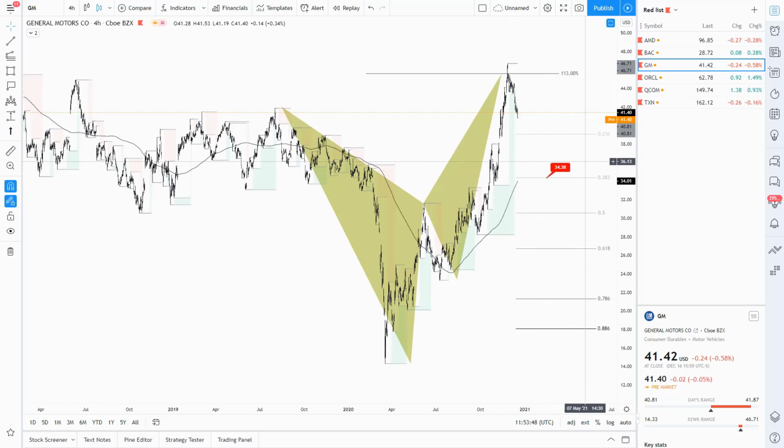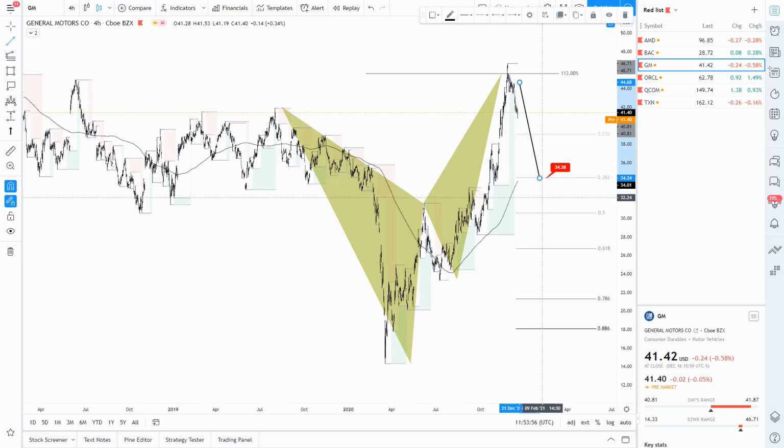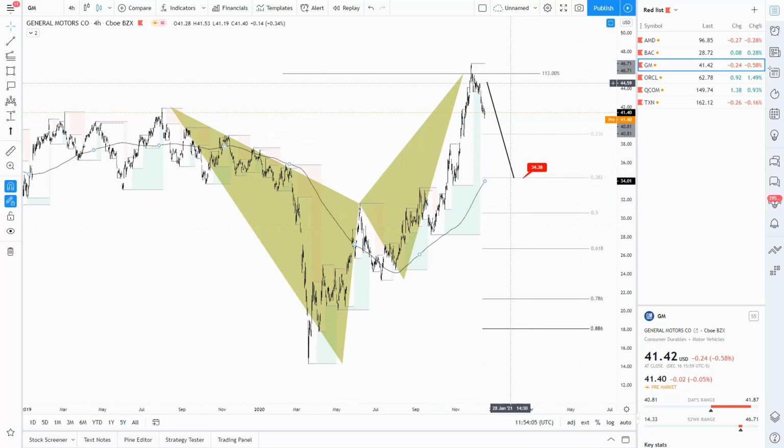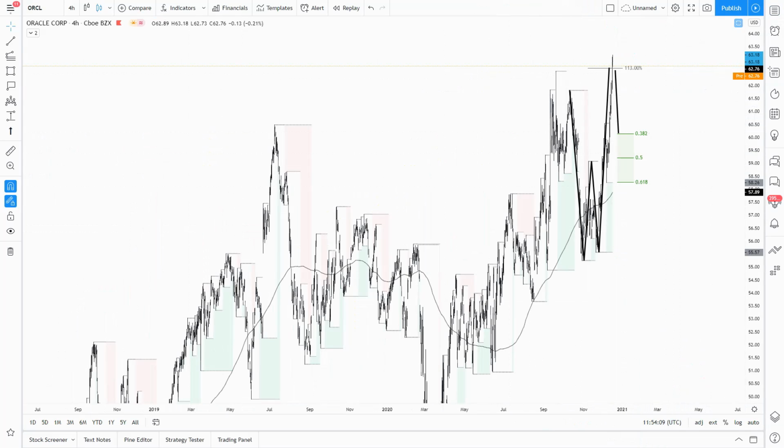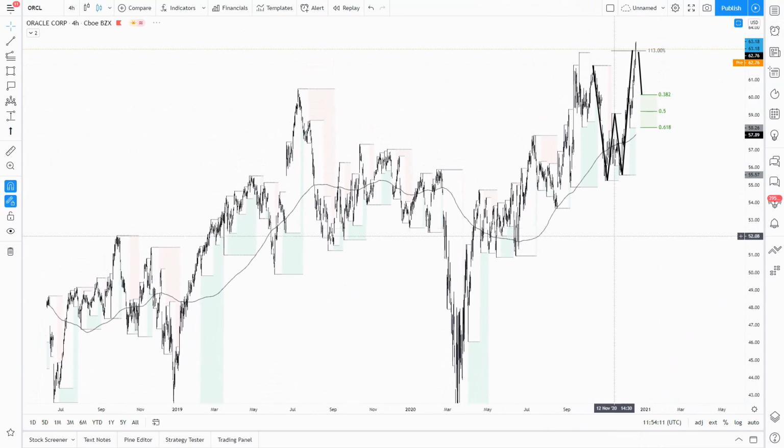So basically at this point, taking into consideration the ratios and the variables and the pattern itself, we can expect a retracement back to the 38% Fib, searching for the 200 moving average, now pointing at 34.1. So I will not be surprised to see General Motors also providing some more descending momentum.